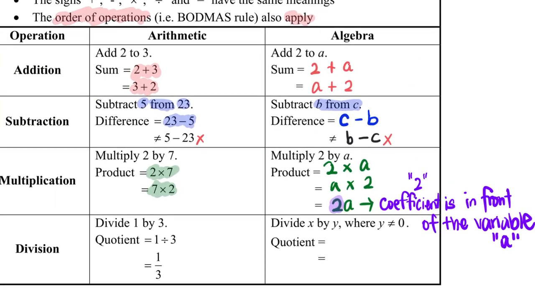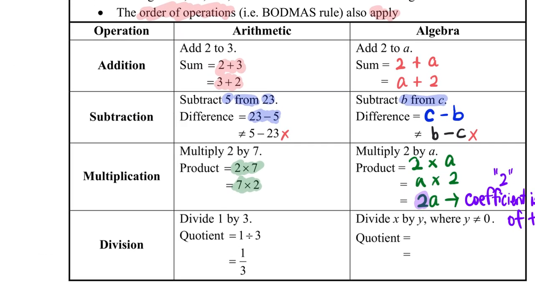Last part, division. Divide 1 by 3 is 1 divided by 3. It is not equal to 3 divided by 1. So this one is wrong.